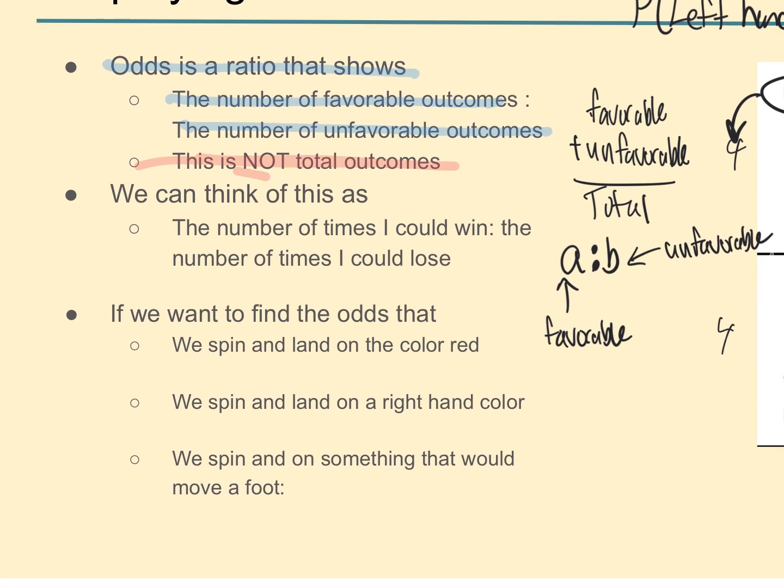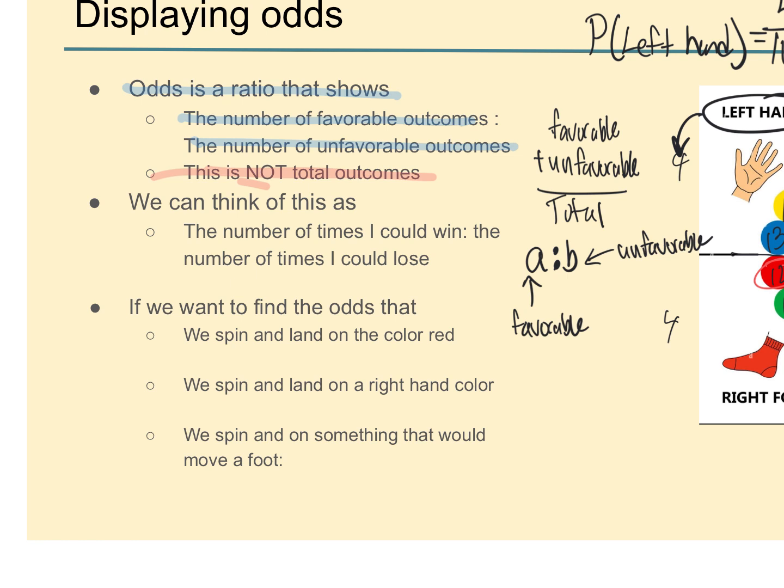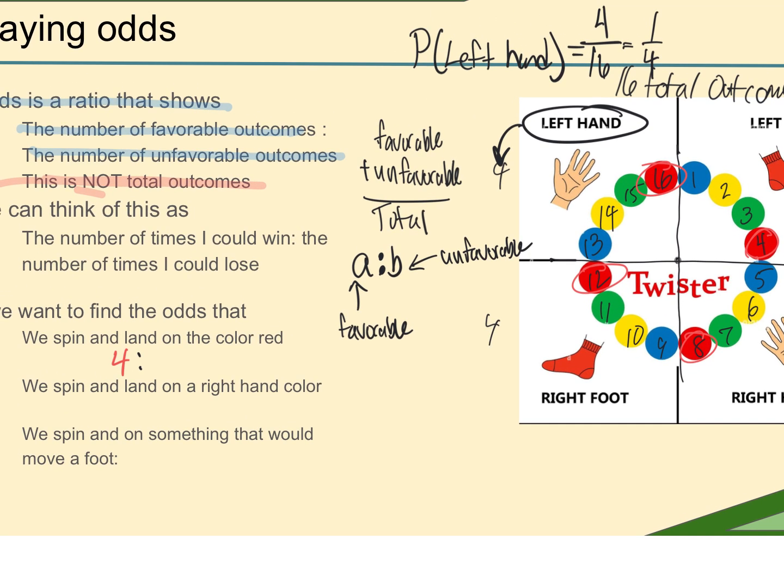Let's say we want to spin and land on the color red. In terms of favorable outcomes, I'm going to look for how many times I can land on red. So that's 1, 2, 3, 4. In terms of favorable outcomes, there's 4 ways for me to do it. And in terms of how many ways I could not land on red, there's 4 blues, 4 yellows, and 4 greens.